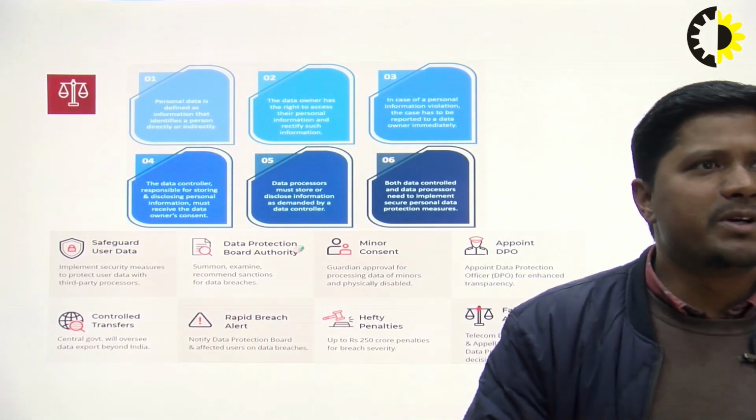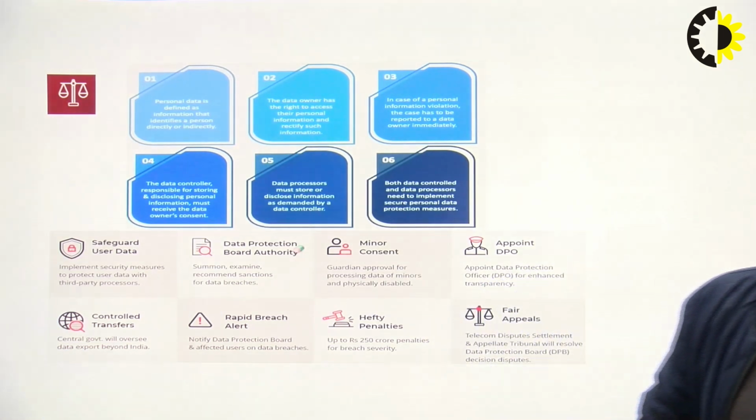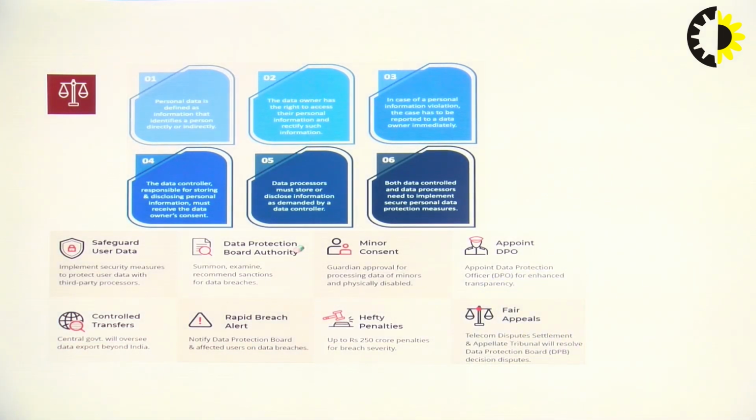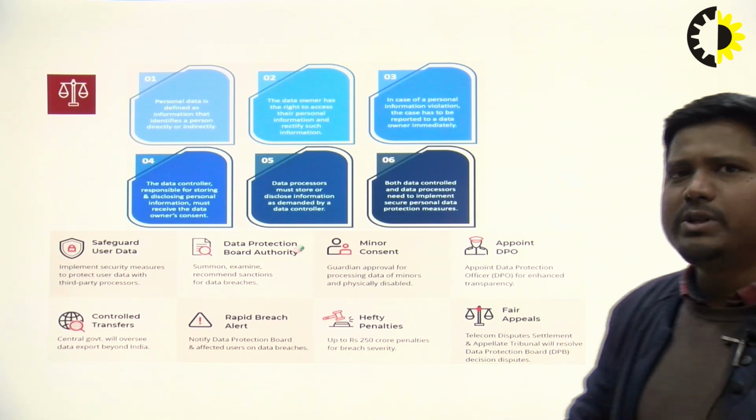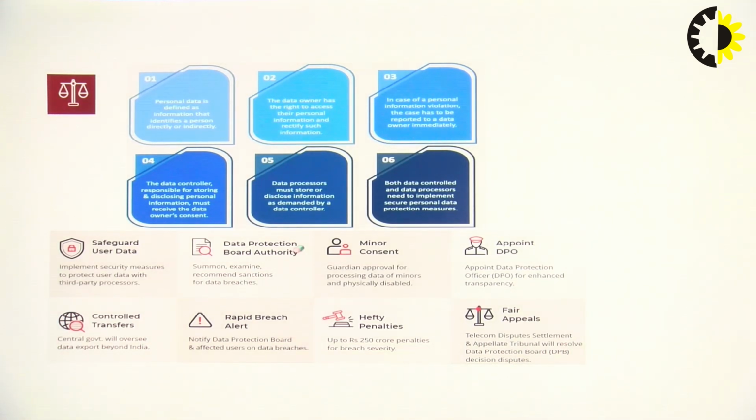First is, personal data is defined as information that identifies a person directly or indirectly. Second point is, the data owner has the right to access their personal information and rectify such information. And third point is, in case of a personal information violation, the case has to be reported to the data owner immediately.